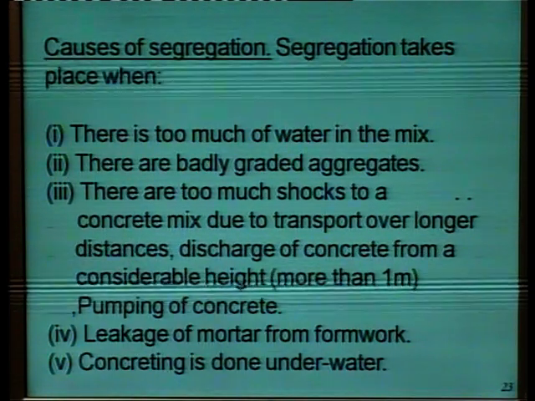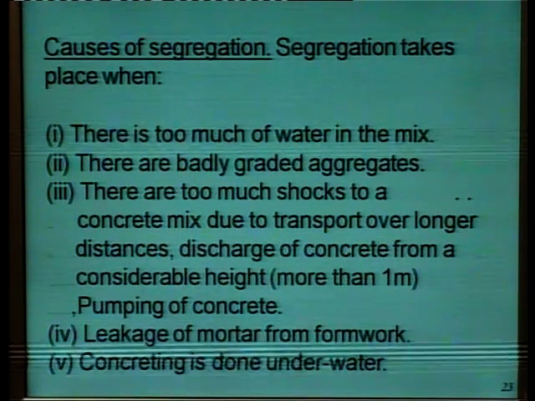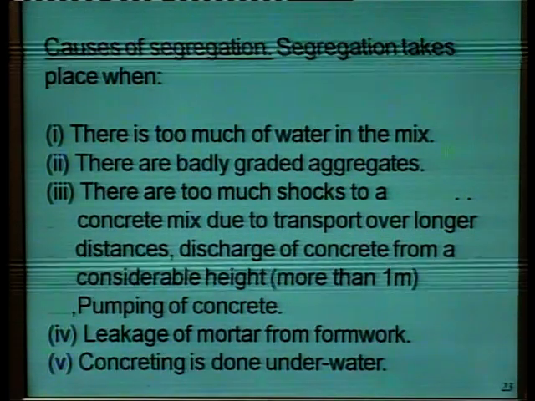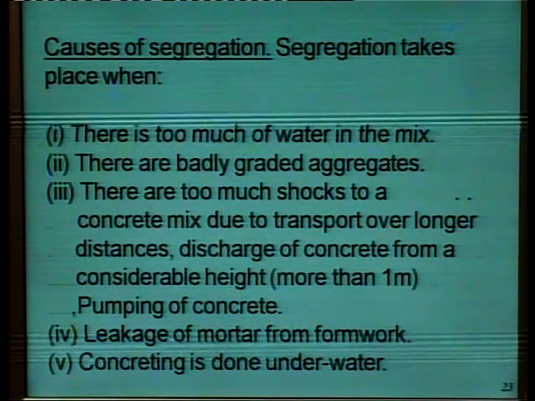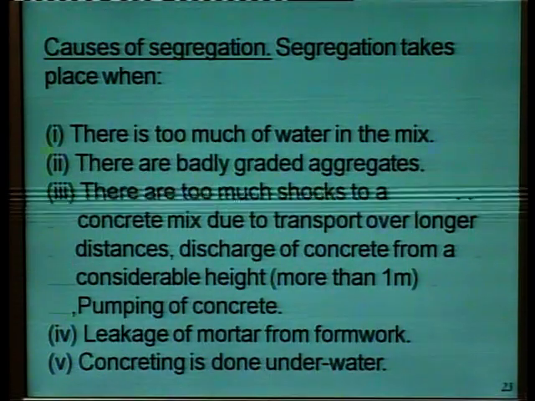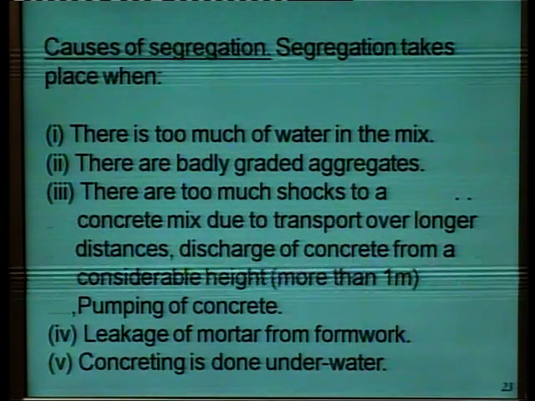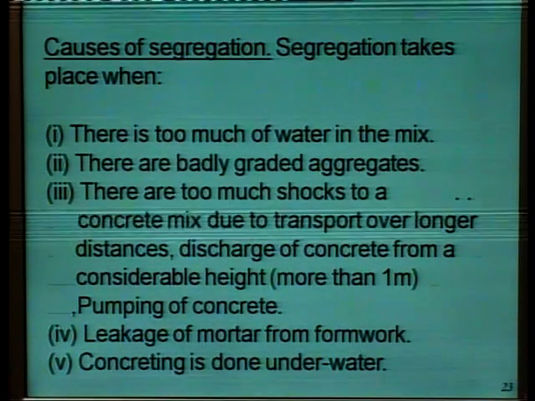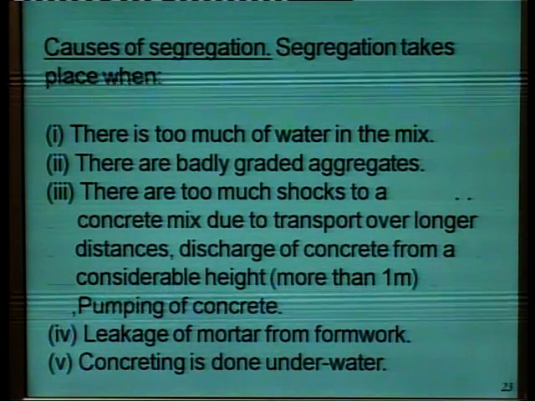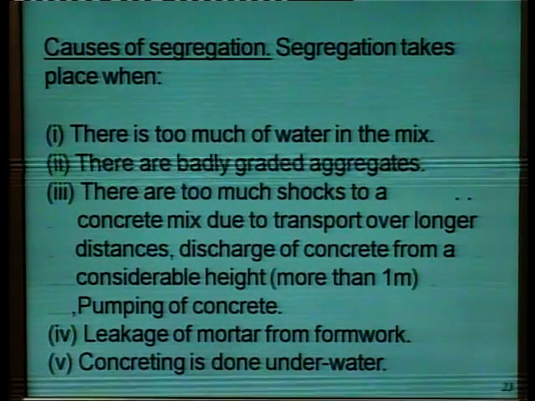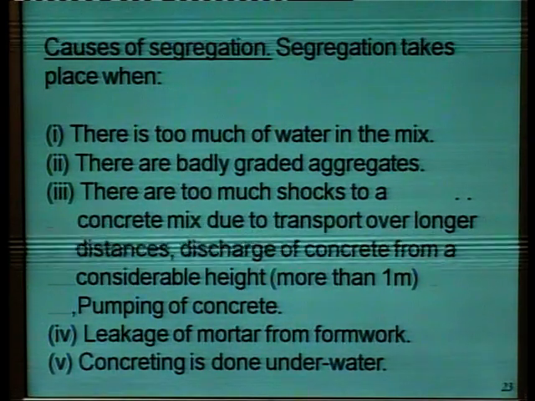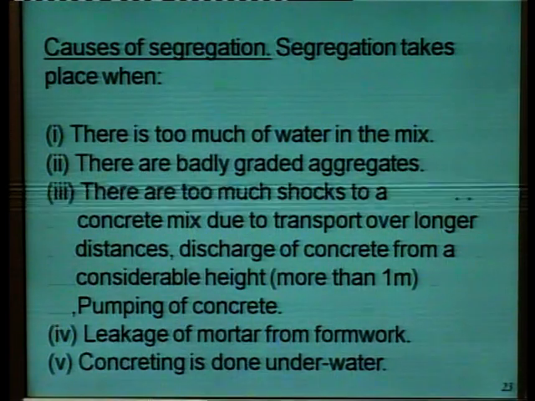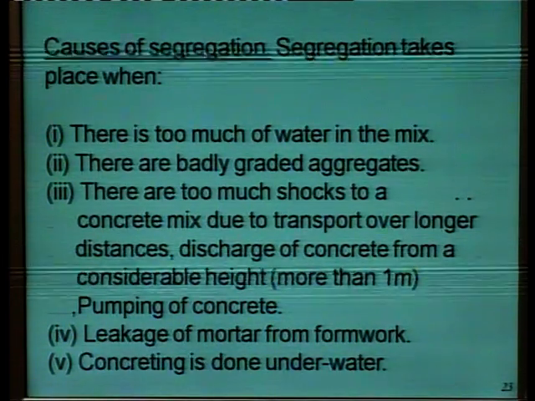And third is, there are too much shocks to a concrete mix due to transport over longer distance, discharge of concrete from a considerable height, which is more than 1 meter, and pumping of concrete.